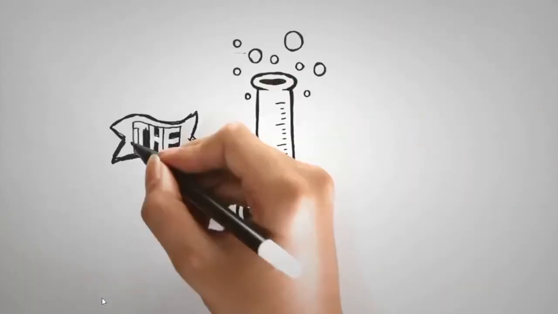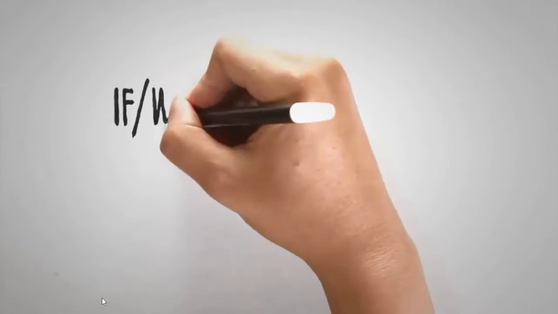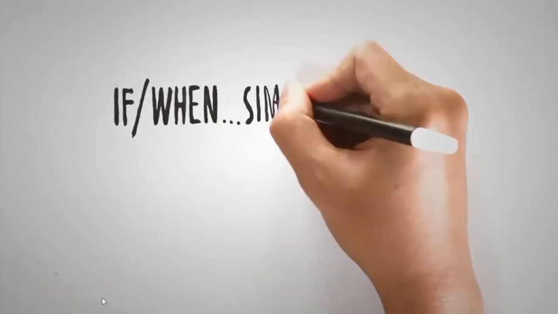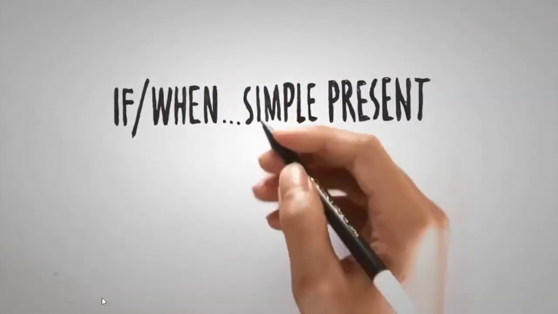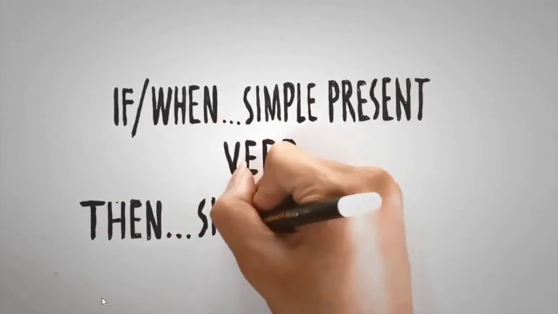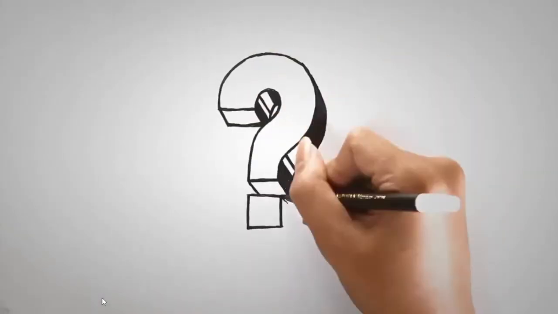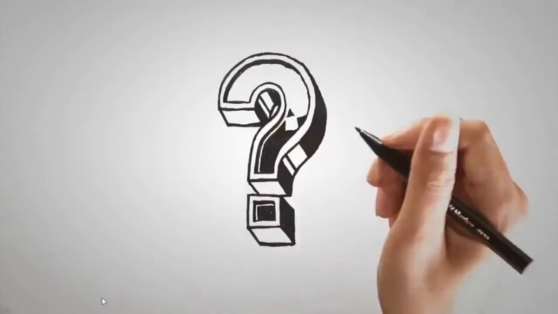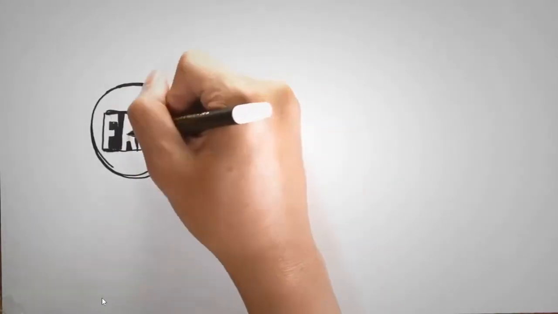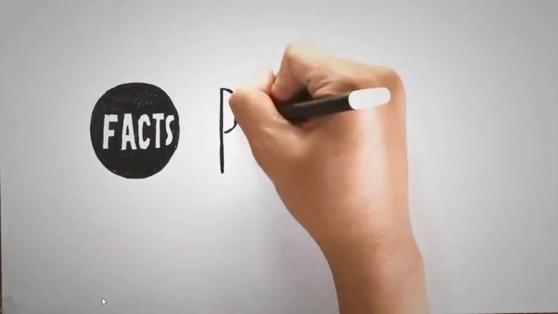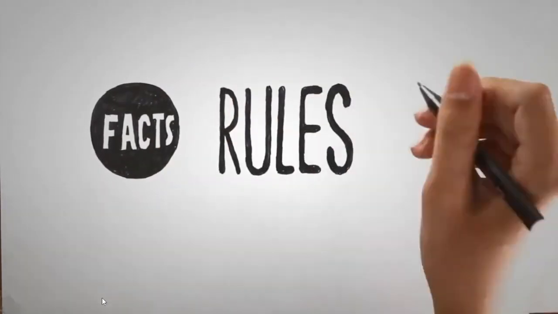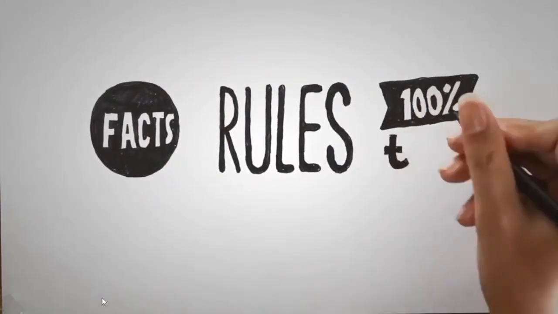The formula is if or when, simple present verb, then simple present verb. But what is it used for, you ask? You use zero conditionals to express facts, rules, and things that are 100% true.